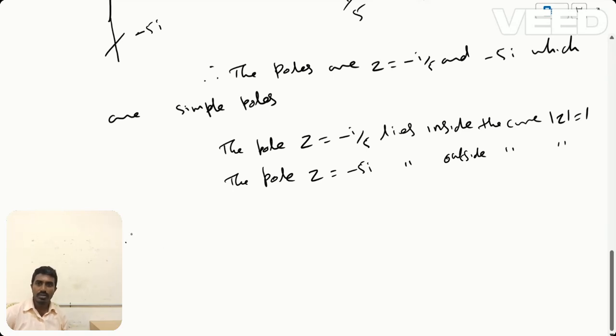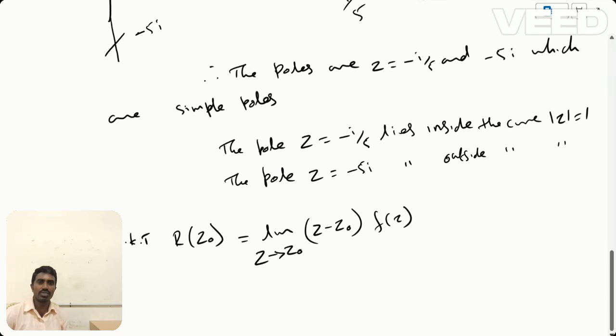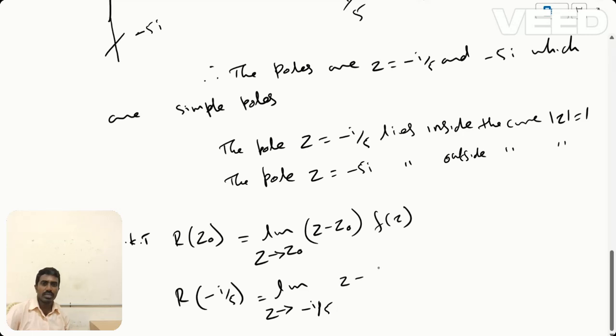We know that the residue at z naught is limit z tends to z naught, z minus z naught, f of z. So this is the residue formula. Now we need to find the residue at z equal to minus i by 5. That is the residue at minus i by 5, which is equal to limit z tends to minus i by 5, z plus i by 5 into f of z.